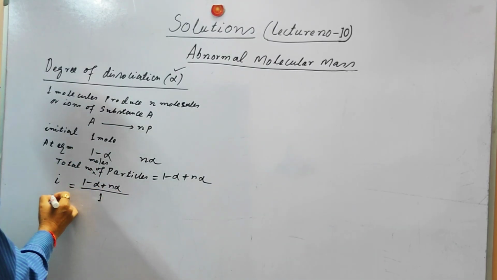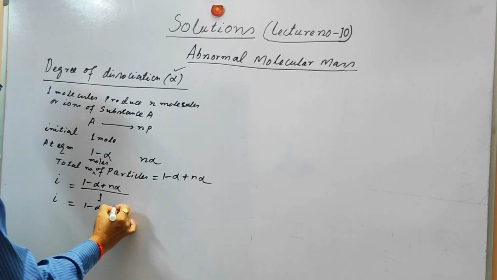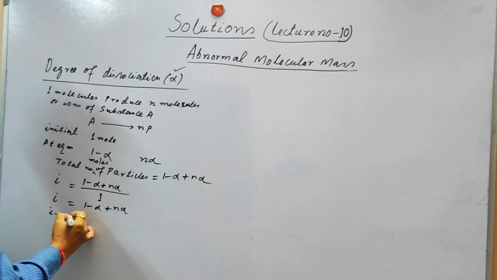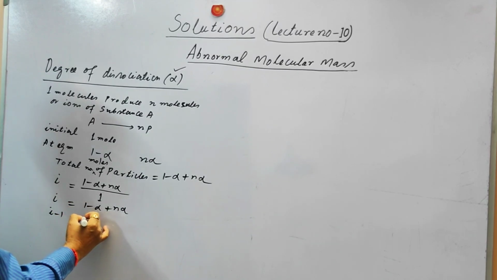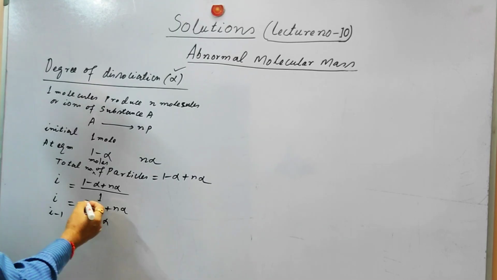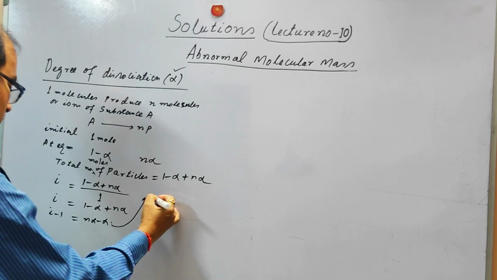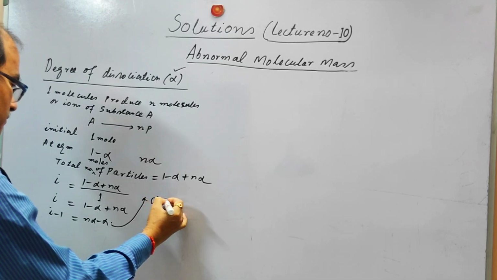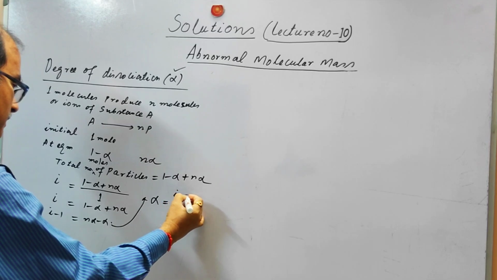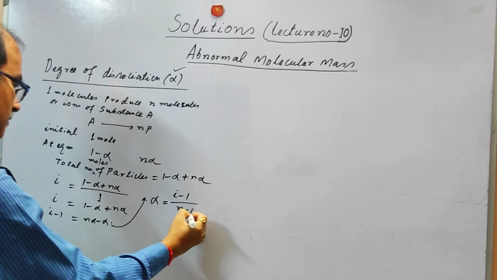So we can write i is equal to 1 minus alpha plus n alpha, and taking this i minus 1, that will be n alpha minus alpha, which is alpha times n minus 1. We have to calculate alpha. Alpha is i minus 1 divided by n minus 1.